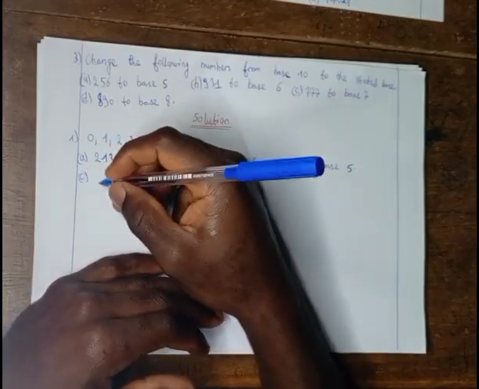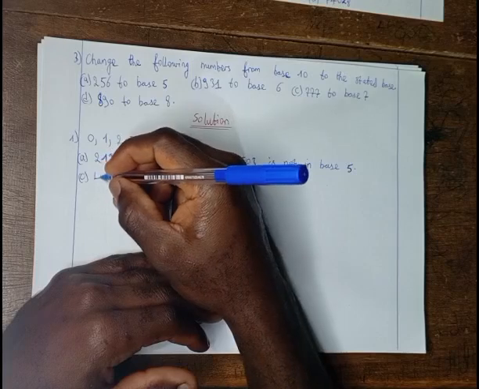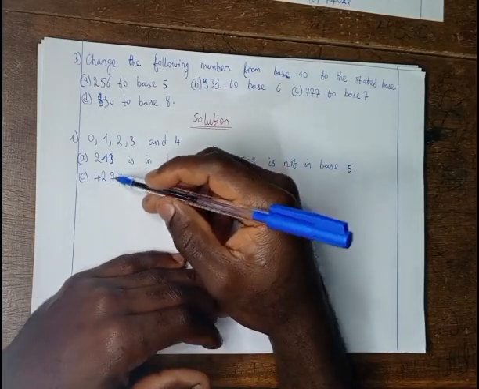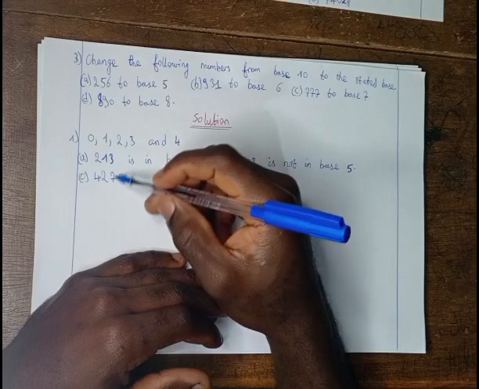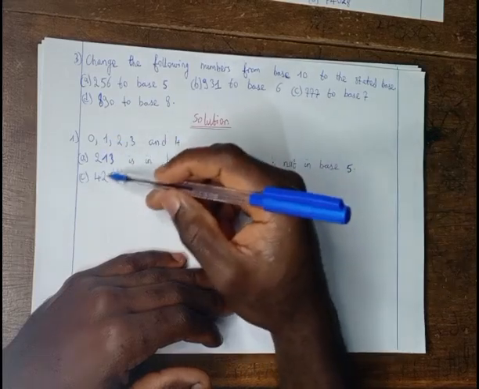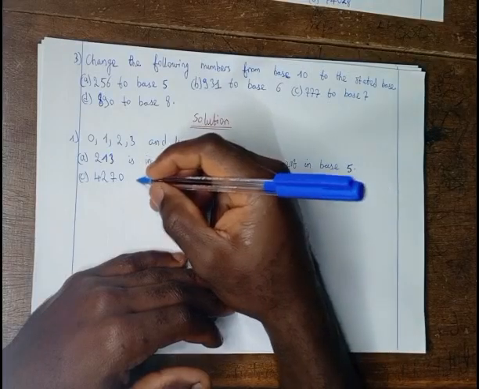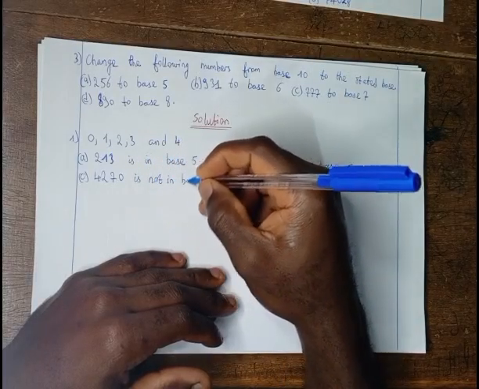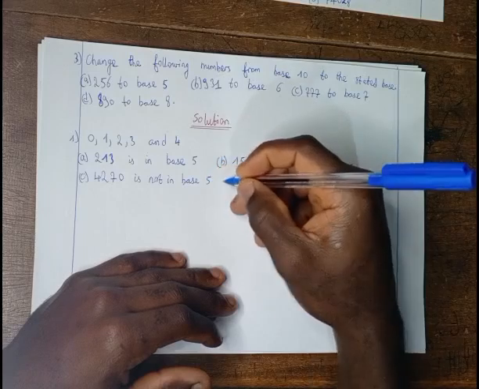For C, we have the number 4270. Here we have the digit 7, and in base 5, we don't make use of the digit 7. This number is not in base 5.